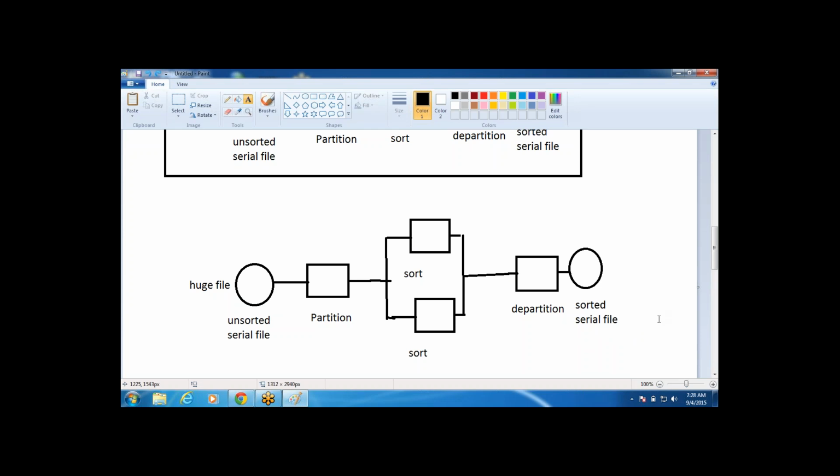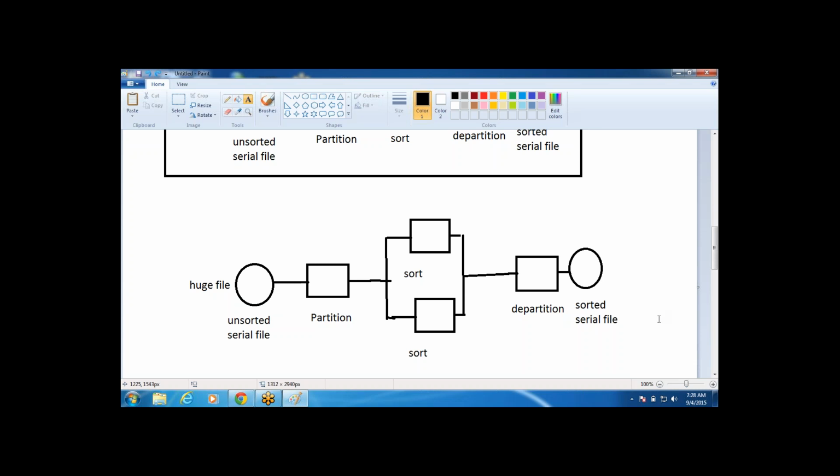Is it clear so far, whatever parallelism concepts we have discussed? Yeah, Venkat, one question. Suppose we have done partitions. In the first partition my data is like 5, 2, 1, and in the second partition like 2, 6, 4.